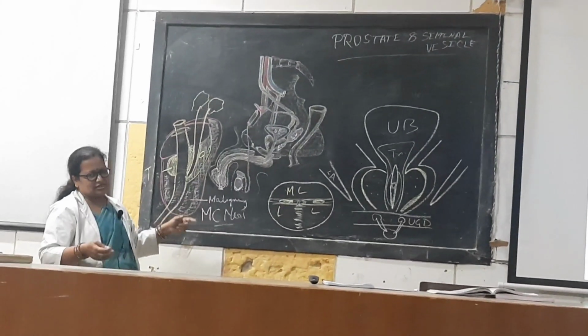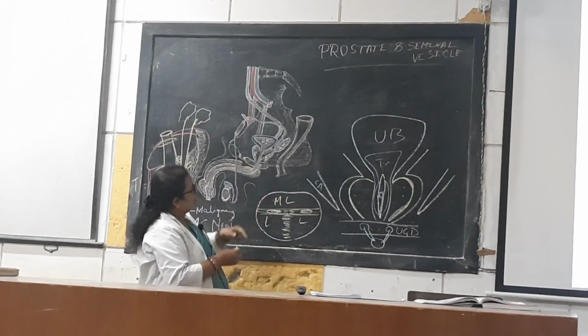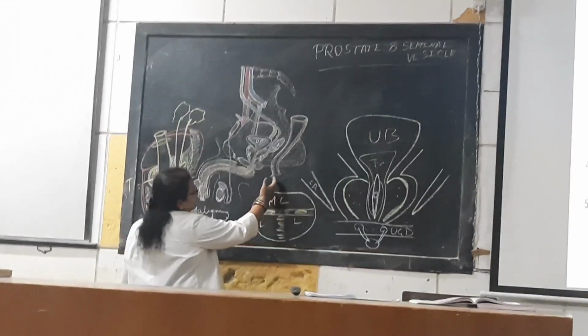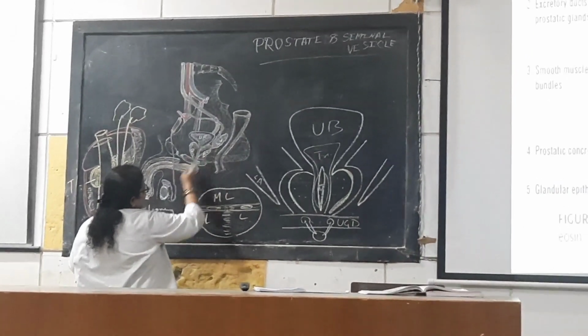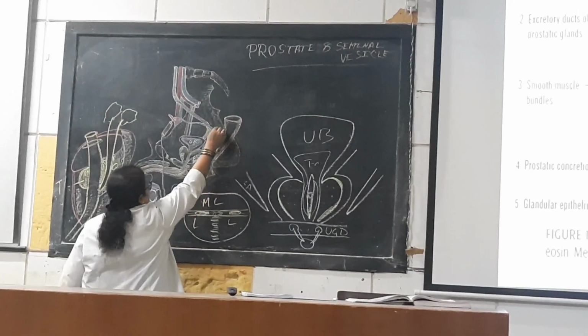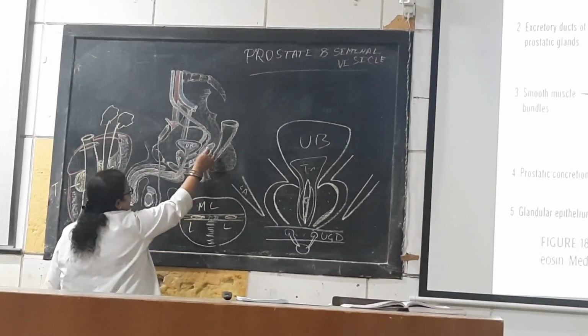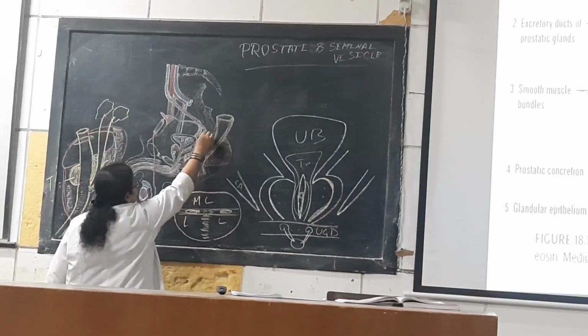If the patient complains of symptoms like these, we first do a per rectal examination so that we can palpate the posterior surface. The rectum is separated from the prostate by the rectovesical pouch.